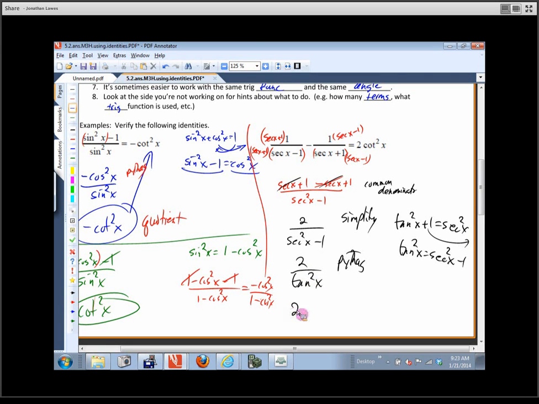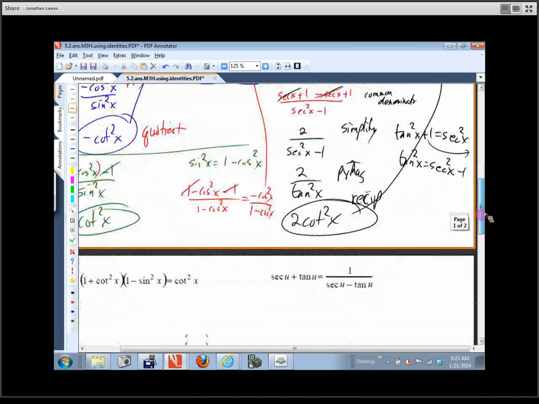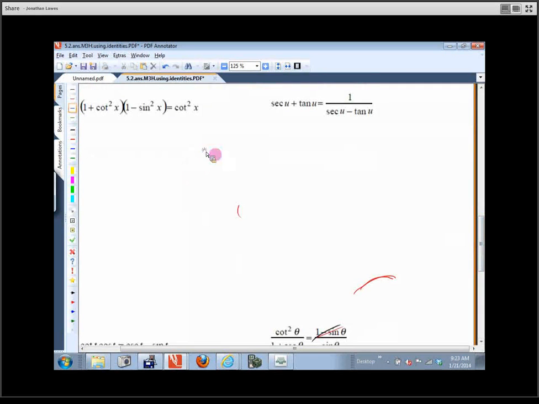So this would be 2 cotangent squared x. There's our answer. Okay, what's the reason for this last one? What's it called again? Reciprocal. So reciprocal identity. Okay? All right, any questions there? It takes a little getting used to. Let's take a look at this next one.